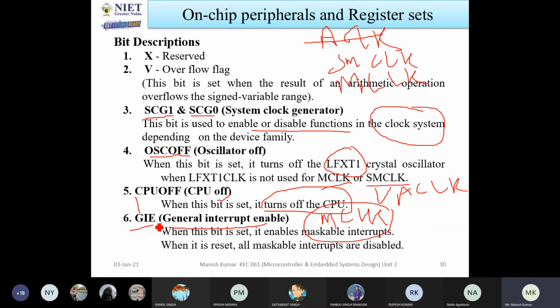But maskable interrupts you can enable and you can disable. In the case of non-maskable, you cannot disable those interrupts. When this bit is set, you are enabling the maskable interrupts, and the system will take them. When it is reset, all maskable interrupts are disabled, and the system will not be able to take those particular interrupts.